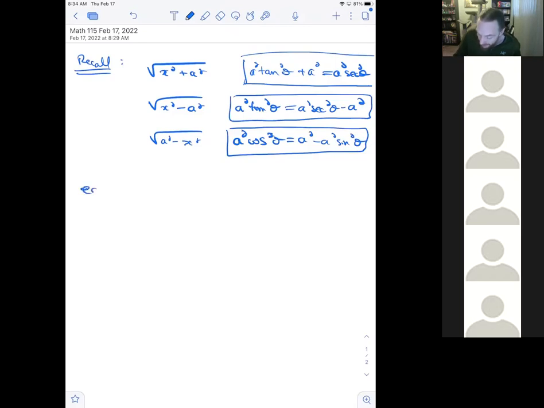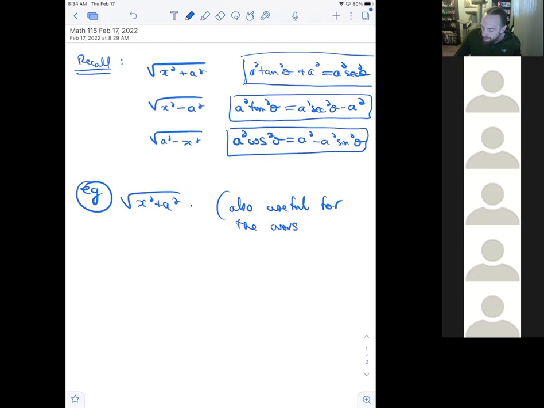And then, for example, if I have the square root of x squared plus a squared, this is the case that also happens in partial fraction decomposition, which we'll see hopefully today.